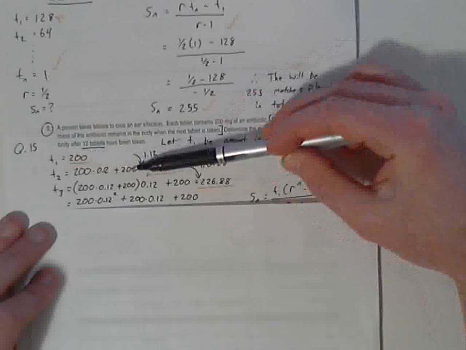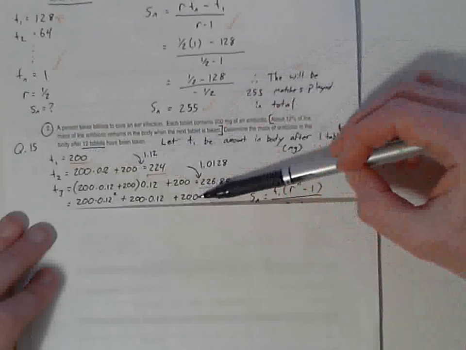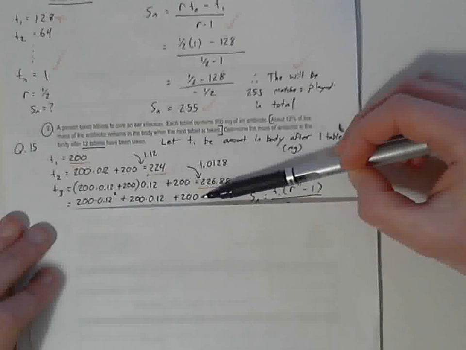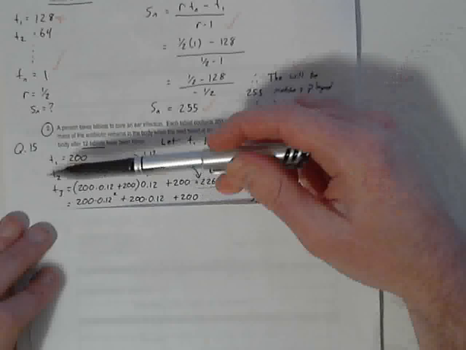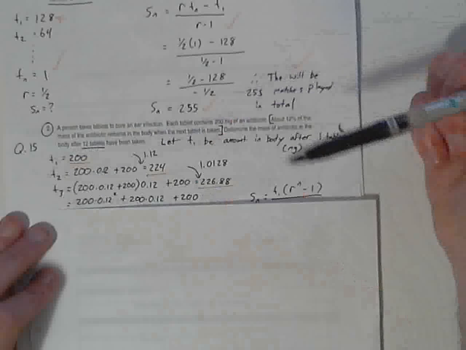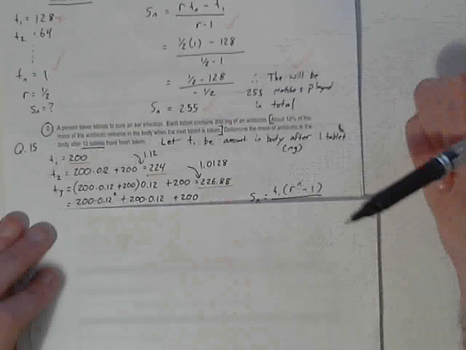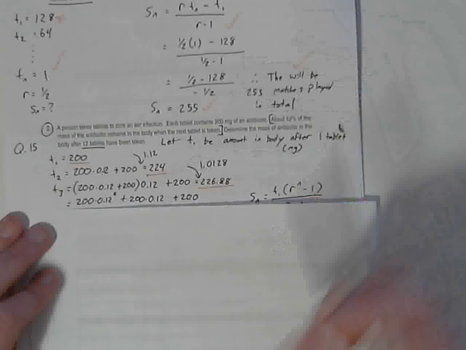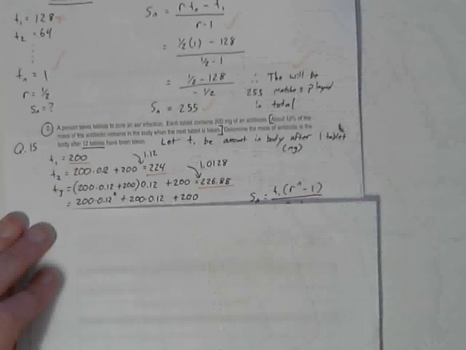And the pattern is, if you're looking closely, these aren't actually t values. These are actually s values. Every single value we were finding is actually the sum of all the previous terms. If we do it that way, this can actually be seen as a geometric series.